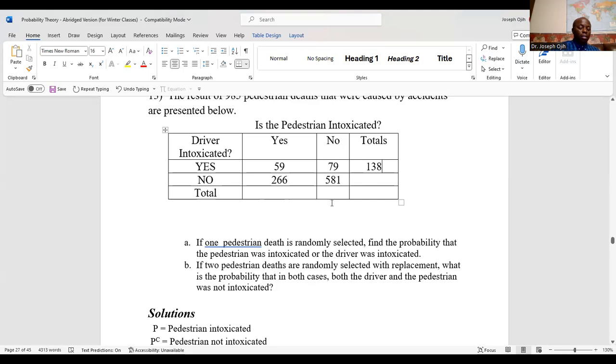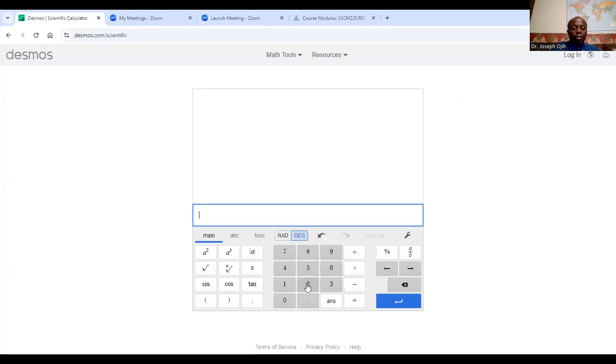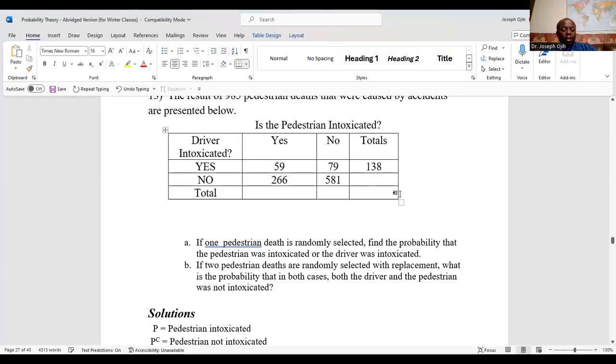Next is 266 plus 581. Let's get it. 266 plus 581 is 847. Let's put 847.